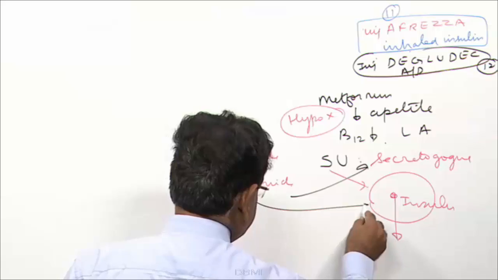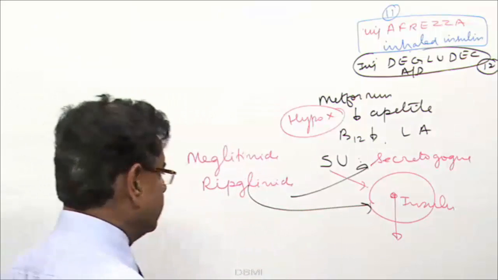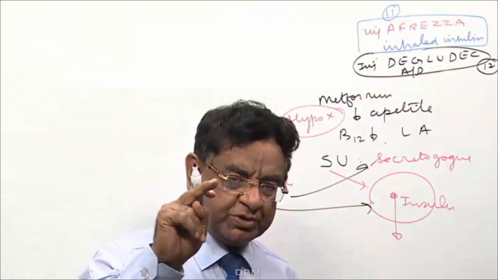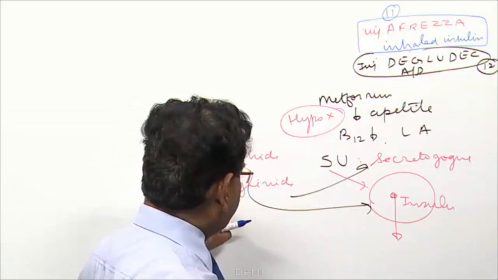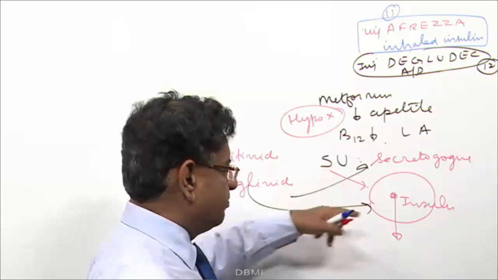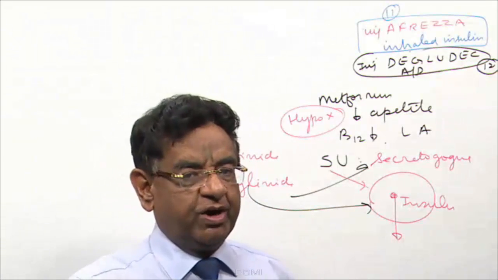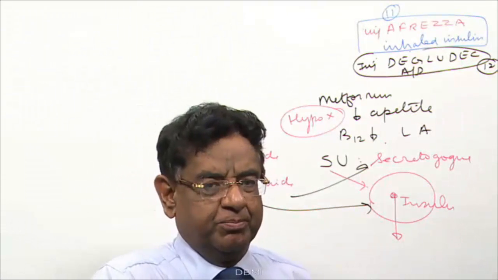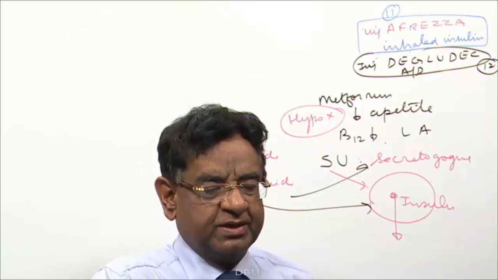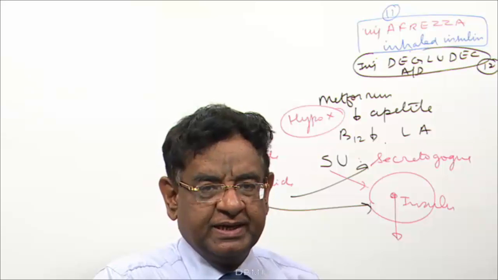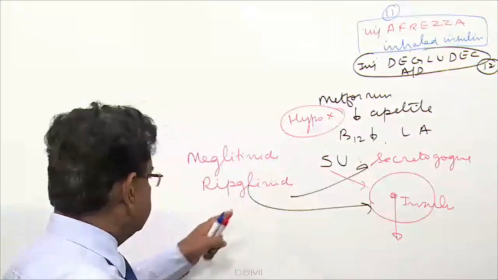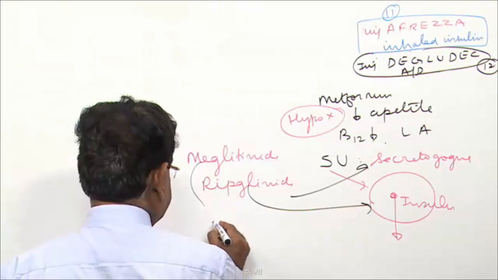They also go to the pancreas and release insulin. There was a question last year that repaglinide should not be combined with sulfonylurea because both have the same mechanism of action. So the meglitinide group should not be given to patients who are taking sulfonylurea. But they are short acting.